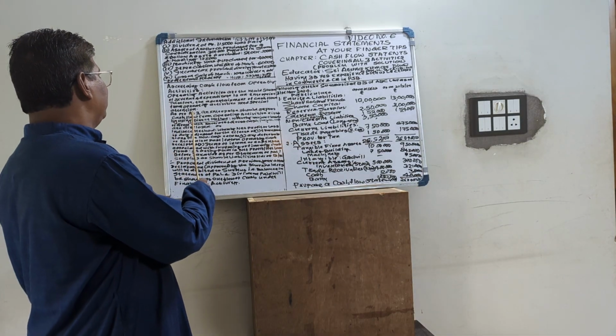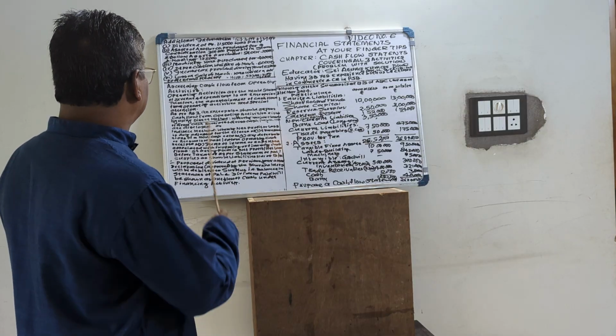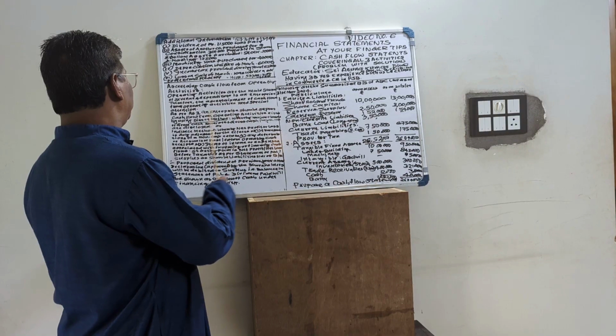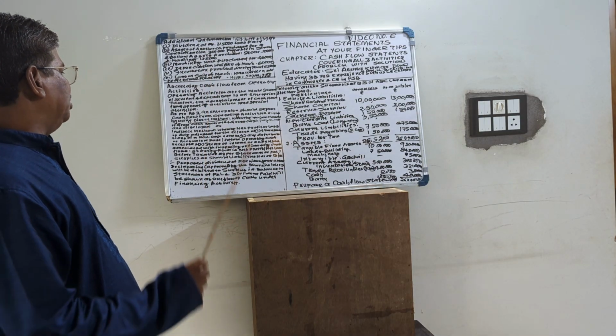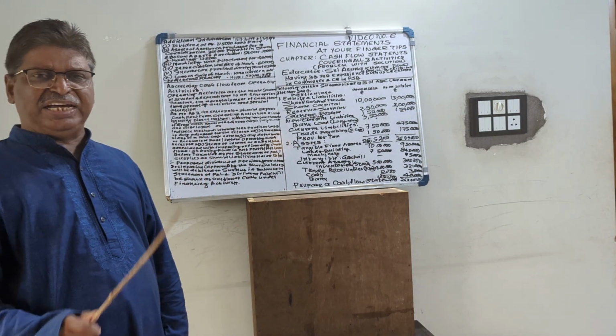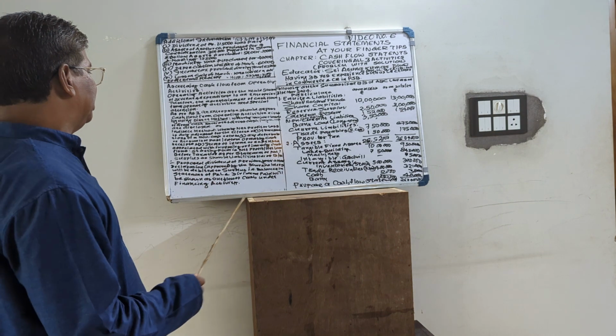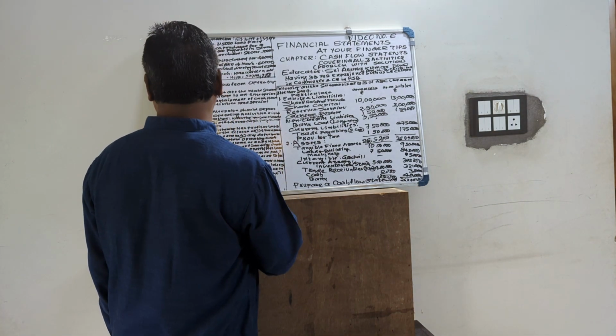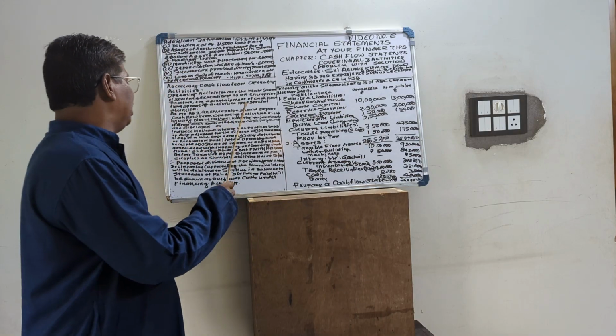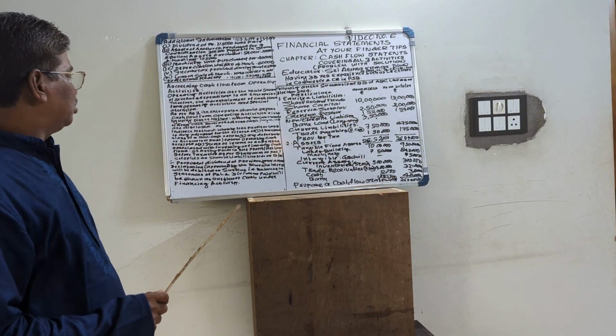As per Accounting Standard 3, an enterprise should report cash flow from operating activity by using either the direct method or the indirect method. Under the direct method, major classes of gross receipts and gross cash payments are disclosed.